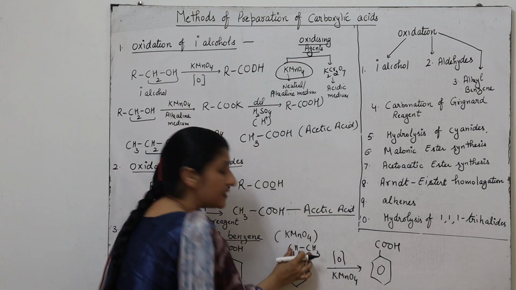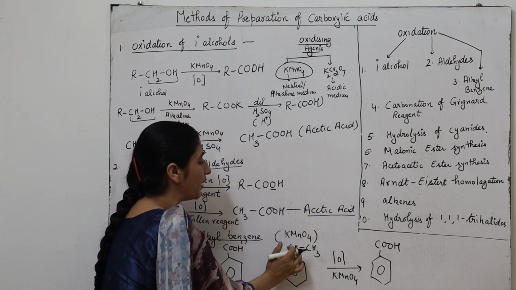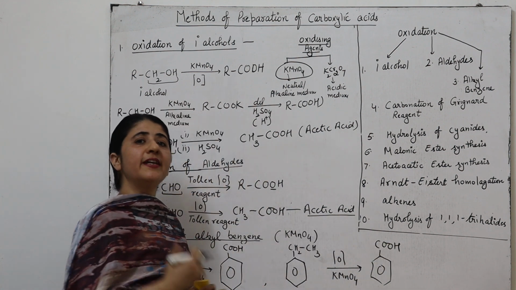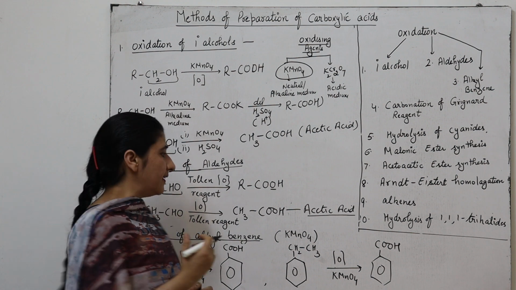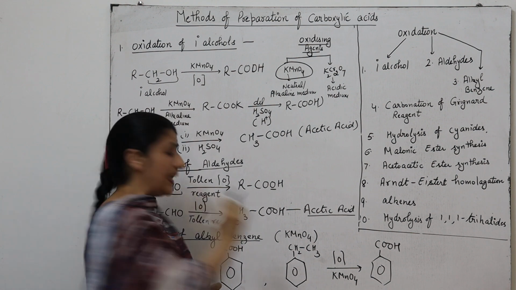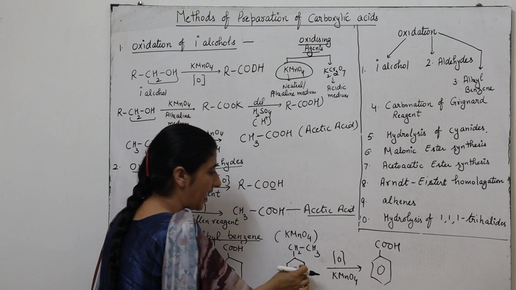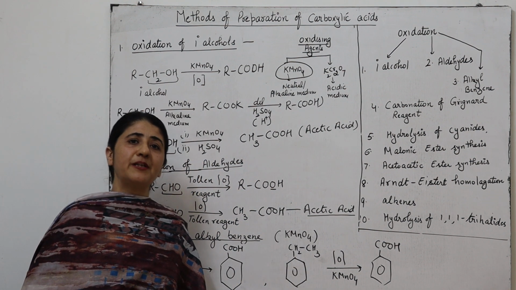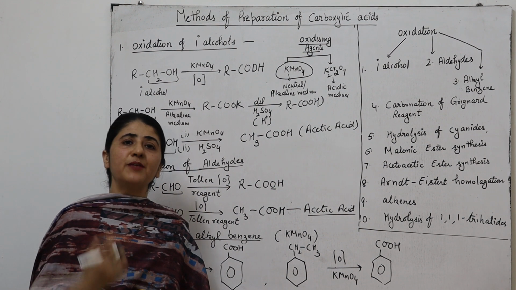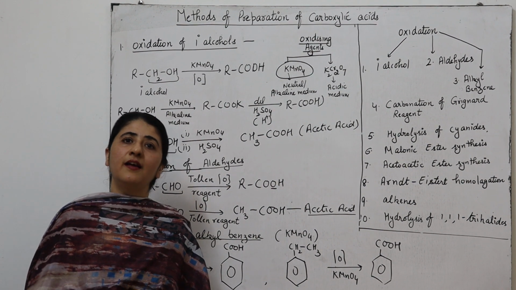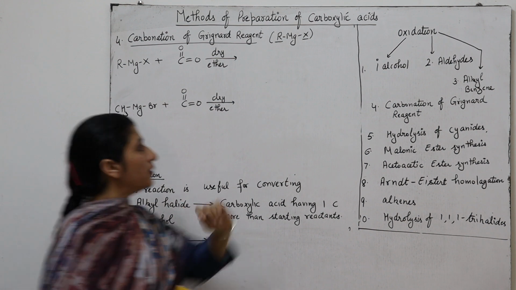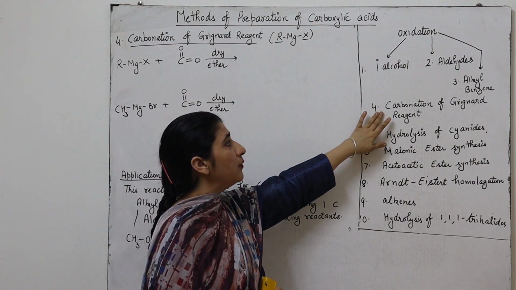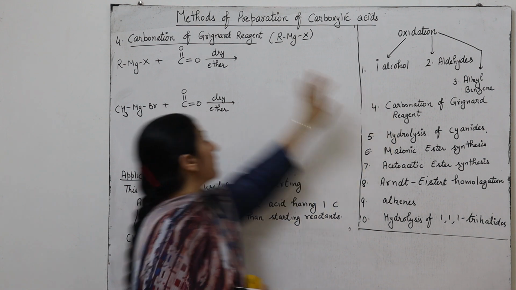If it is a propyl group, again it is converted into only a carboxylic acid. So we can obtain the carboxylic acid irrespective of the length of the alkyl chain attached to the benzene ring. So this is the third method of preparation of carboxylic acid, from the oxidation of alkyl benzene.